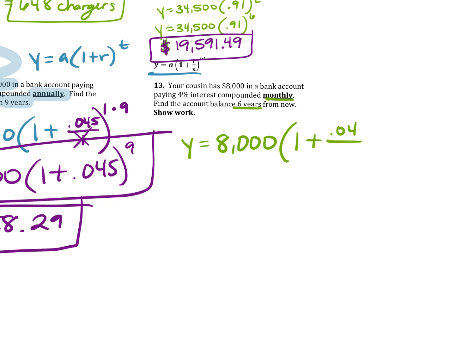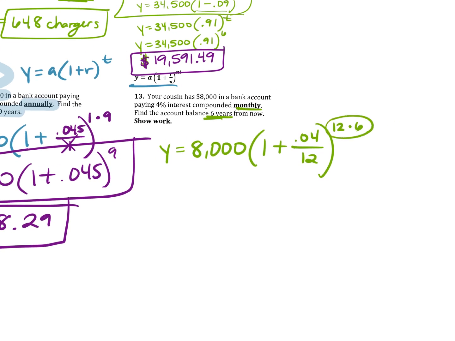What is N? It's not 1. 12. Monthly would be 12 times. So divided by 12 to the 12 times 6 power. I would not plug that in as 12 times 6. I would plug in 12 times 6, which is 72, and I would take it to the 72nd power.